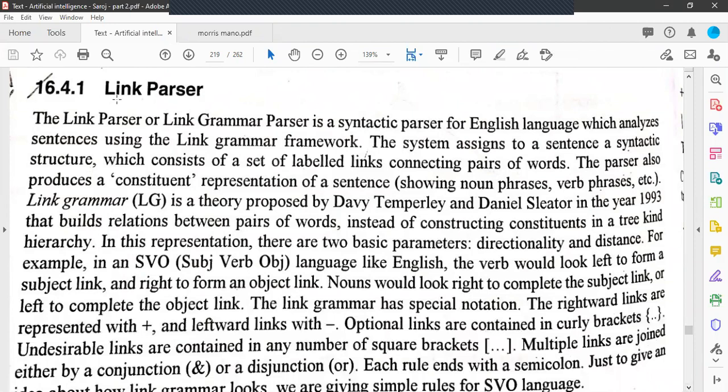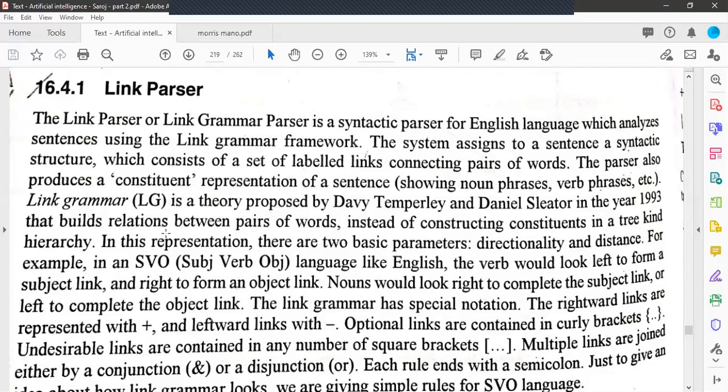The first one is link parser. If you recall, a parse tree was created using top-down parsing or bottom-up parsing method, and the sentence appears at the leaf nodes, and the parse tree is built from the rules of the grammar.